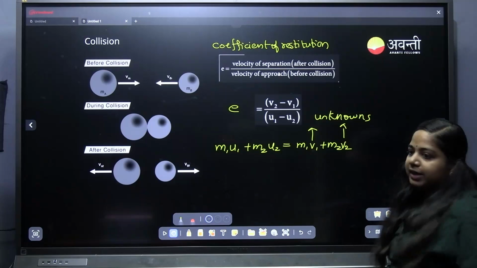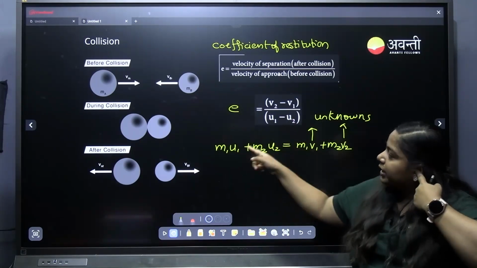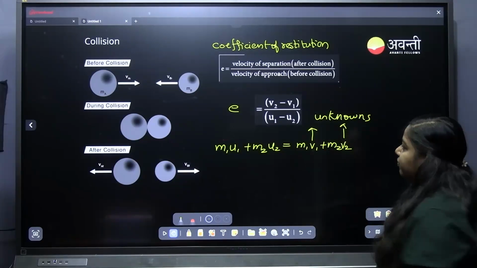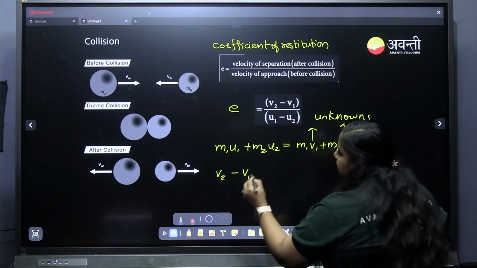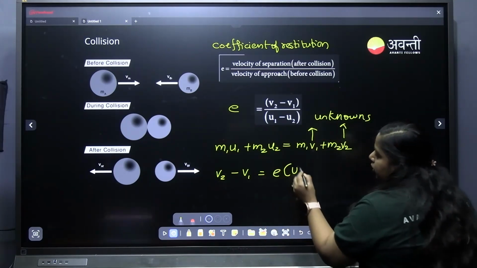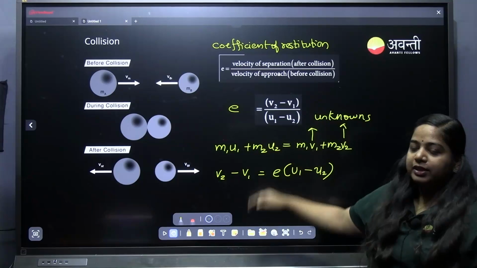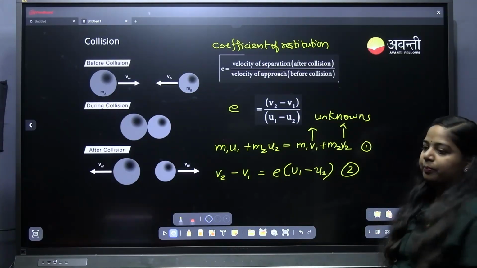We don't know the final velocities. If we know what is E, then we can find v1 and v2, because we can substitute v2 minus v1 equal to E into u1 minus u2. With these two equations we can solve for v1 and v2.